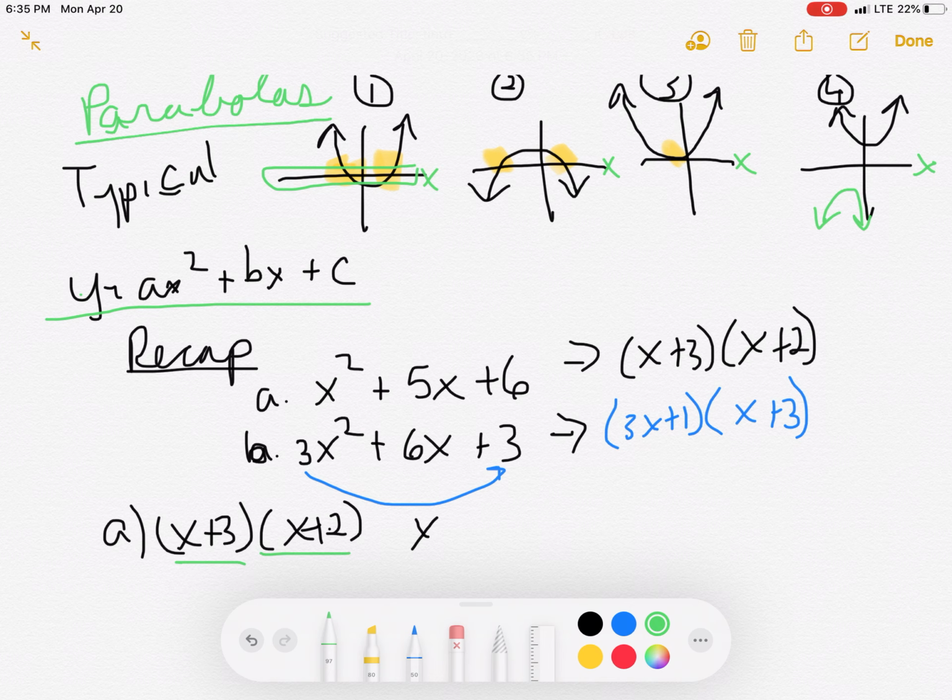So x plus 3 could equal 0, and or x plus 2 could equal 0. And so that would mean we would have x is equal to -3 and x is equal to -2.